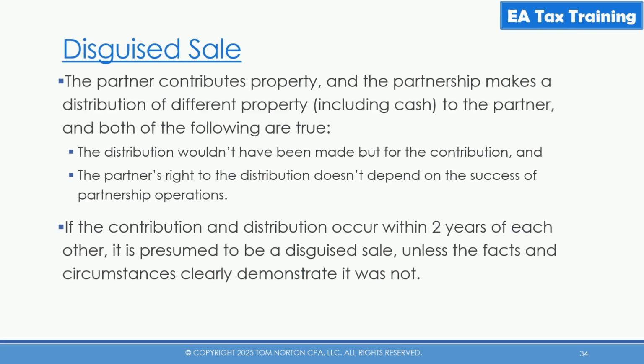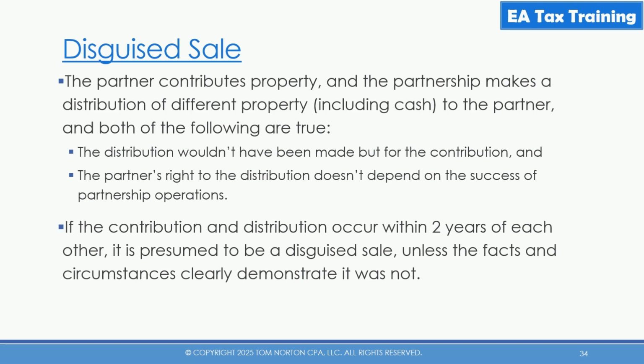First, the distribution would not have been made but for the contribution. So if the contribution had never been made, the distribution never would have been made. That's the first thing. And then secondly, the partner's right to the distribution does not depend on the success of partnership operations. So normally you're getting distributions from the partnership because the partnership is making money and you are getting your share of that.